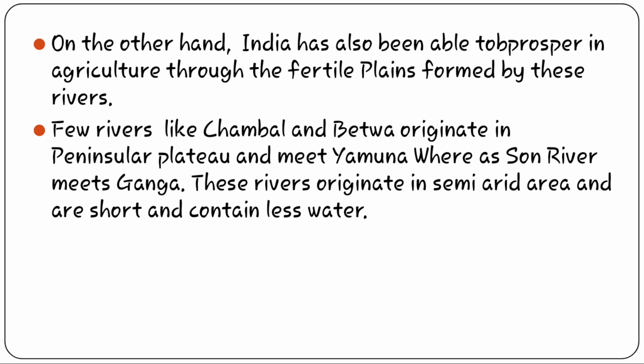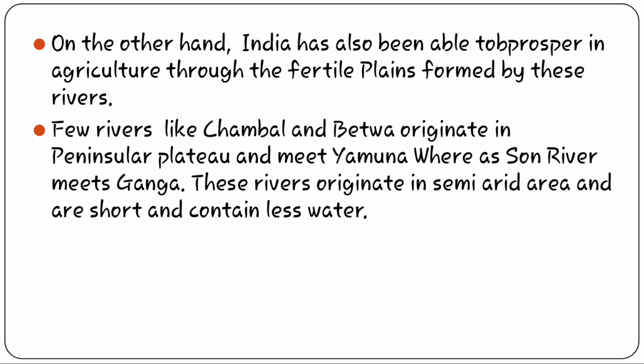On the other hand, India has also been able to prosper in agriculture through the fertile plains formed by these rivers. Few rivers like Chambal and Betwa originate in the Peninsular Plateau and meet Yamuna, whereas river Son meets Ganga here.